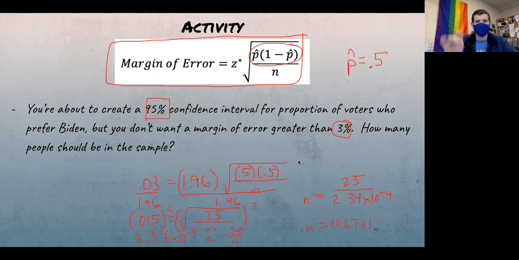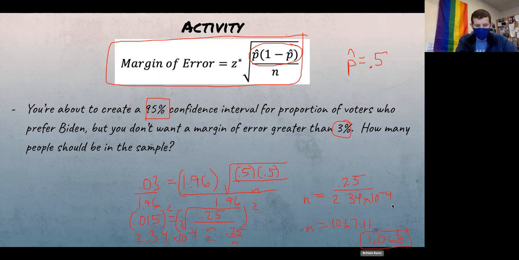But if I go up to 1068, then it's going to be just a fraction below 3%. And so the sample size we should be shooting for is 1068 people.